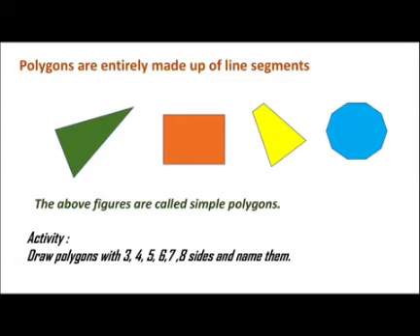Now you have an activity. Draw polygons with 3 sides, 4, 5, 6, 7 and 8 sides and name them. Can you do that? You have drawn them in your 5th standard. So take a sharp pencil and a ruler and start drawing polygons with minimum 3 sides, then 4, then 5, 6, 7 and 8 sides.